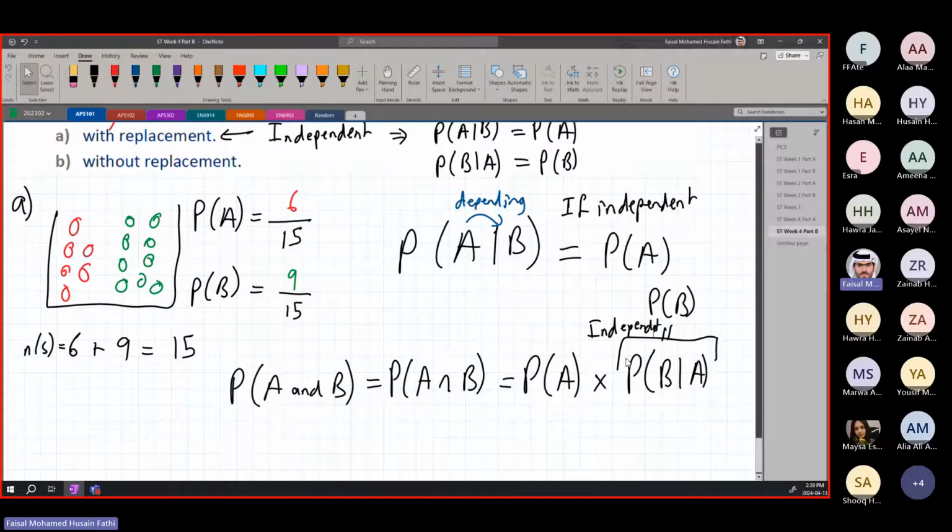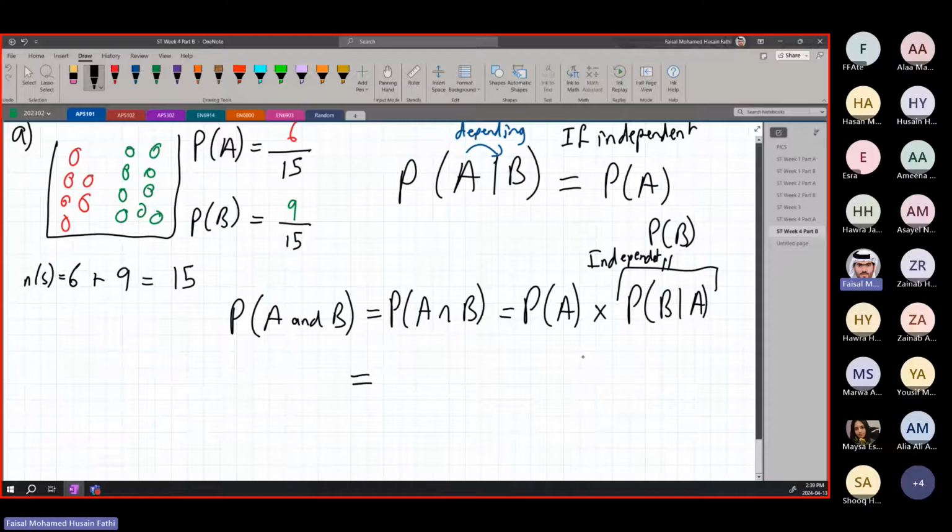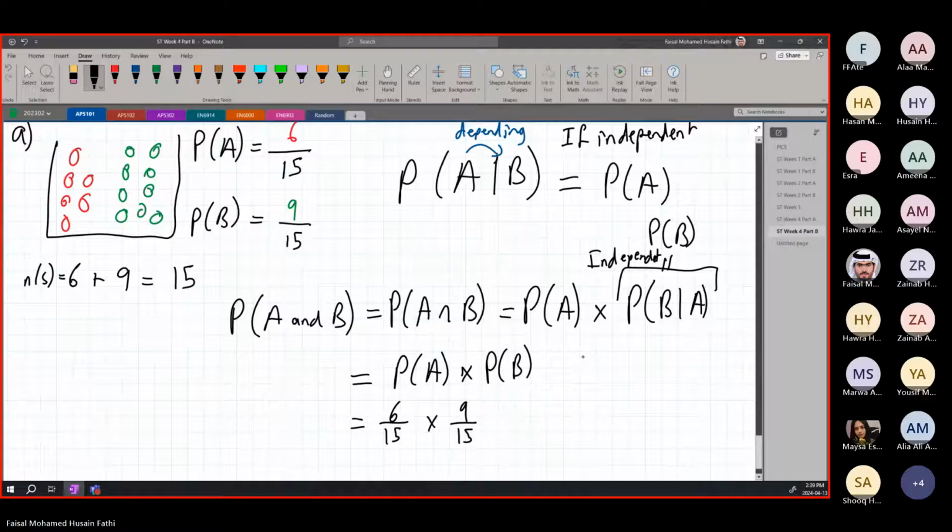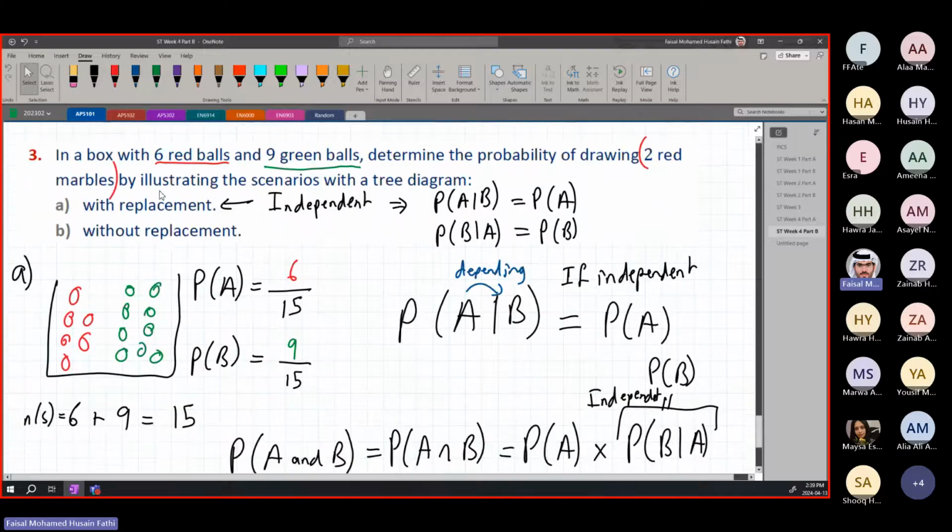So it is independent. So we can simply rewrite this as P of A times P of B. So it's going to be equal to 6 over 15 times 9 over 15, which is going to be equal to 6 over 25, or you can say 0.24, which is 24%. Okay? This is what this means. This is in the case if we have replacement.